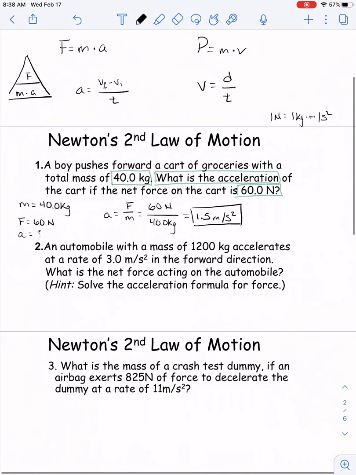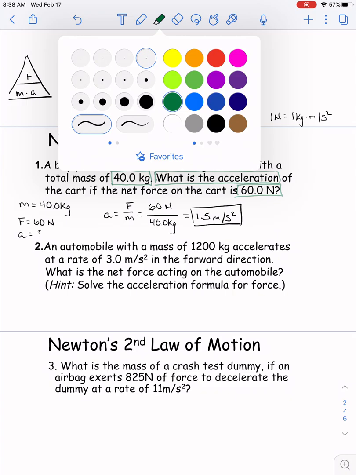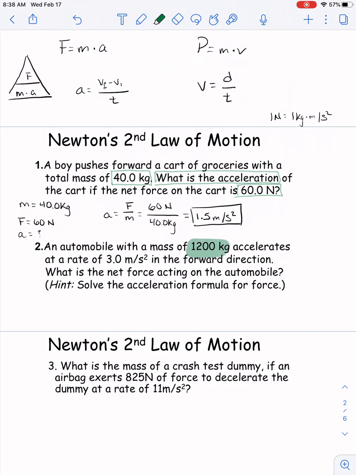Now, question 2. Here, we're given 1,200 kilograms. So 1,200 kilograms, that's a mass, because kilograms is a unit of mass.